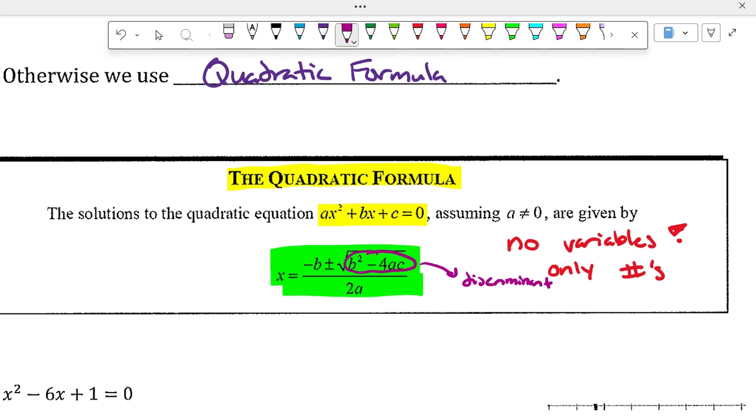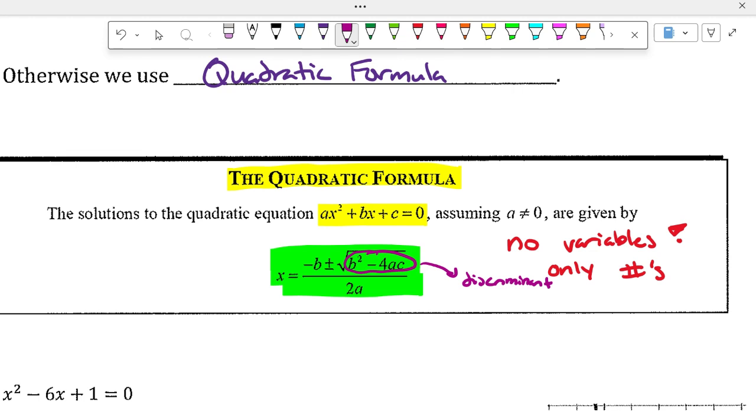But if it was negative under that radical, what would we have to do? How do we take care of negatives under radicals? We know it's imaginary, so we take out the i. That's why if you have a negative discriminant, you get two imaginary solutions.